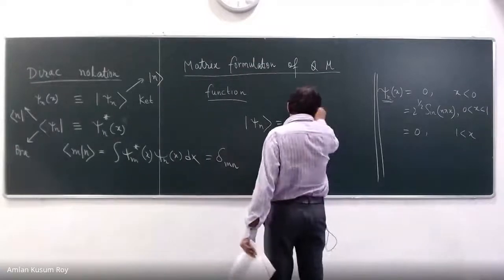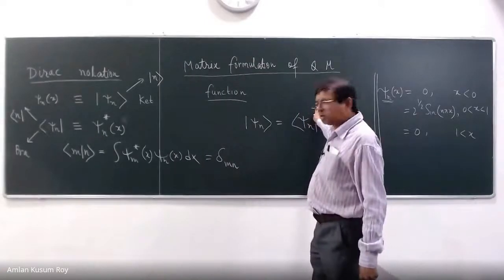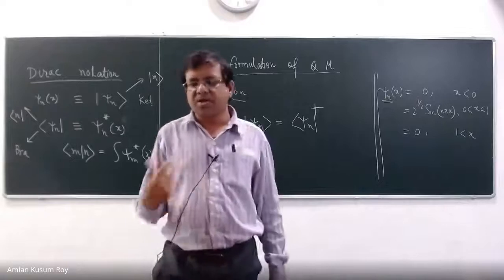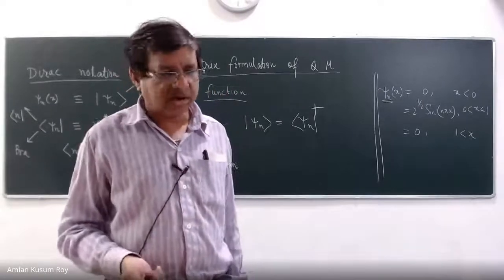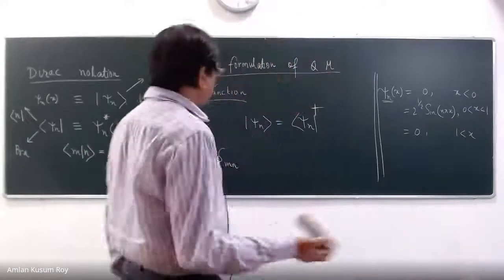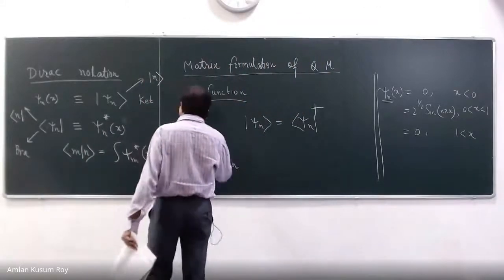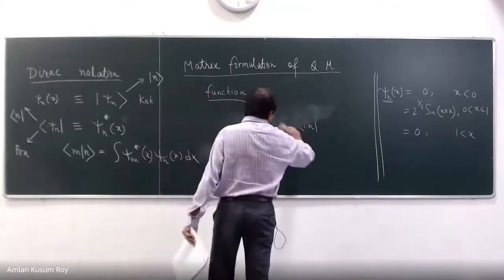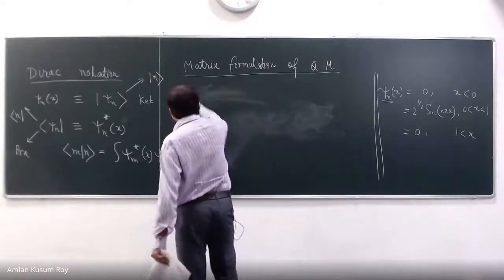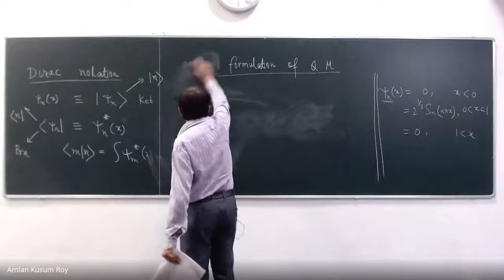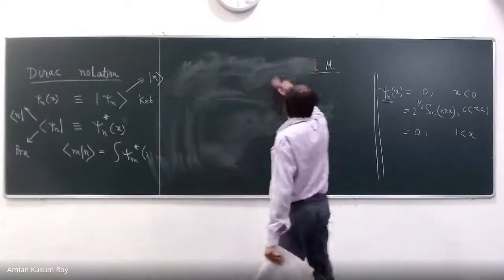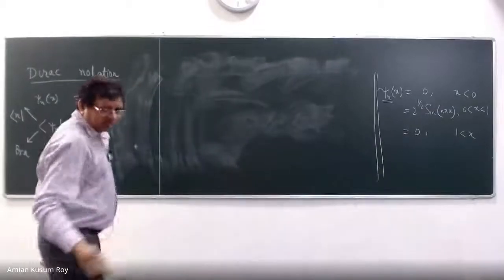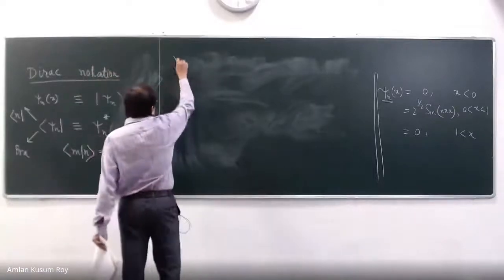Transpose means you make the rows into columns and columns into rows. In this case we do not have any rows and columns, so we are going to be happy with this notation itself. If you just take the complex conjugate, then the bra and ket are sufficiently understood. With this little thing, this is the basic notation. Now we are going to represent the vector representation of a function.